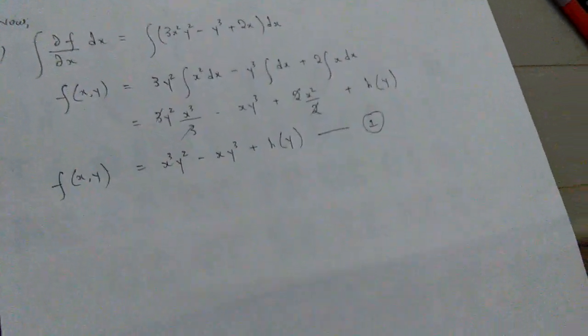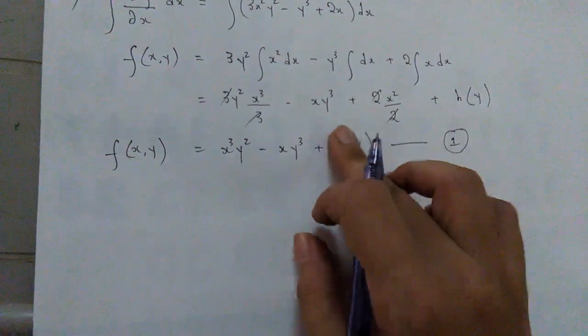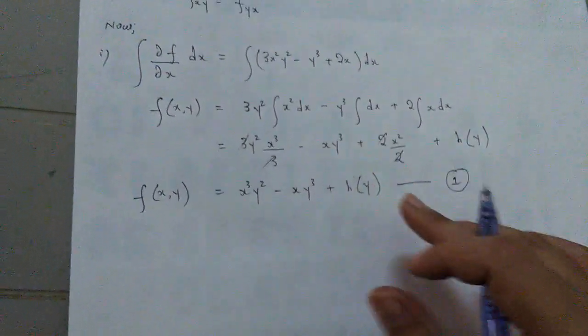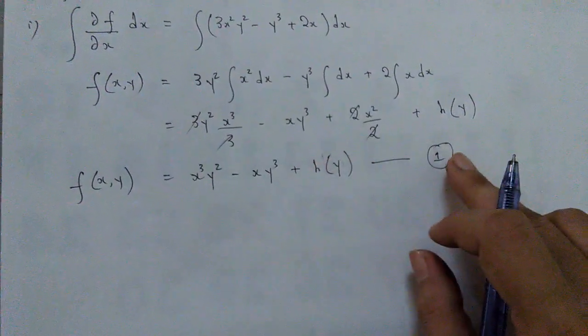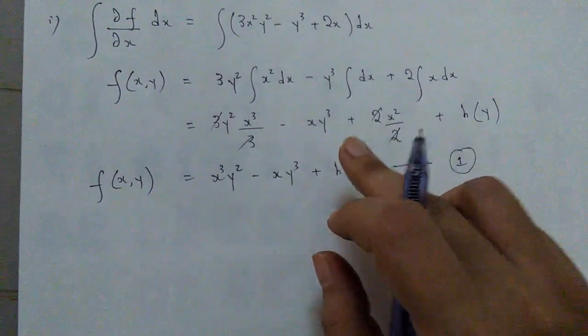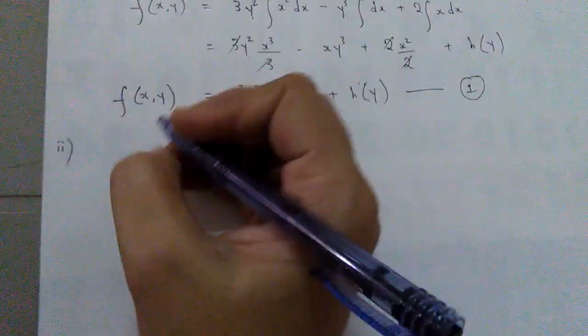Now, this is my function, but this is not the complete answer. I have to find this value h. So for that purpose, we are going to move to step number 2, and we are going to differentiate this entire equation number 1 partially with respect to y.